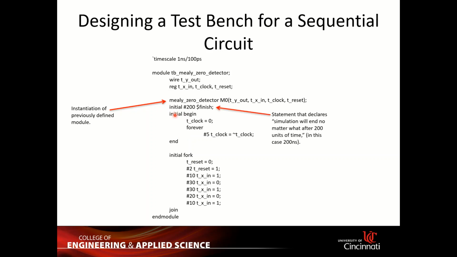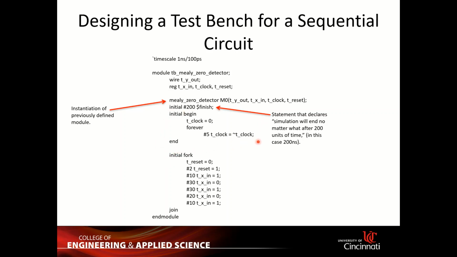Okay, so everything after the initial basically describes what's going to happen in your test bench. First of all, you need to define an internal clock.